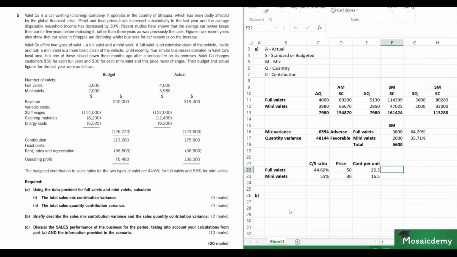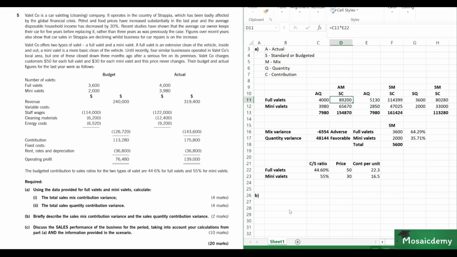Let's go to our contributions per unit. Full valets make more contribution per unit than mini valets. In other words, they're more profitable than mini valets in terms of contribution. And that's what's going to happen here. So as we can see, if we had sold in the standard proportions, we should have sold 5,130 full valet services and 2,850 mini valet services.